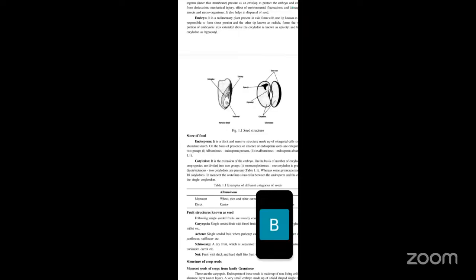In some species, an outgrowth present below the hilum is called the strophiole.